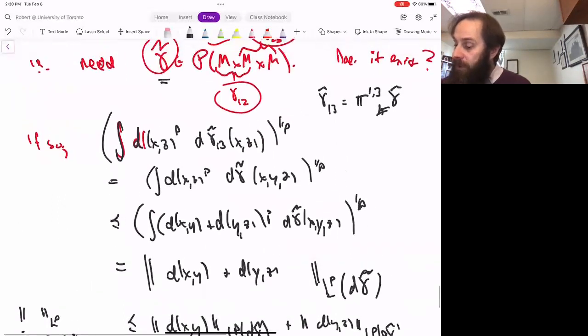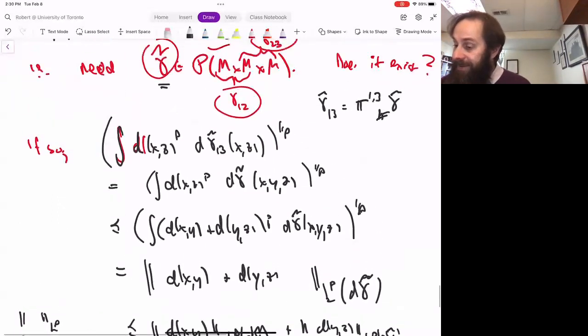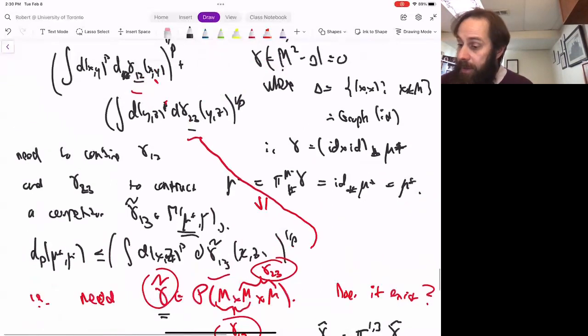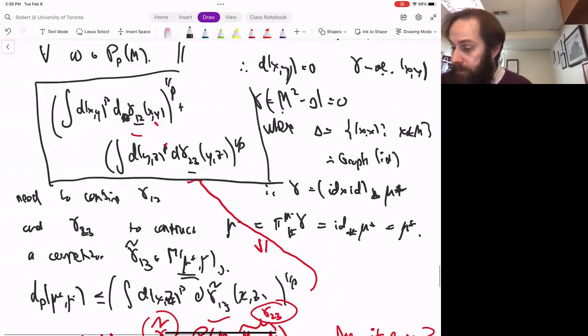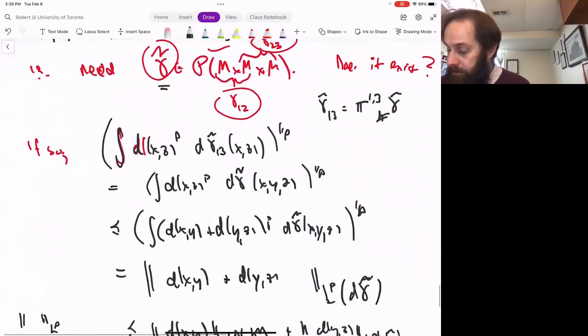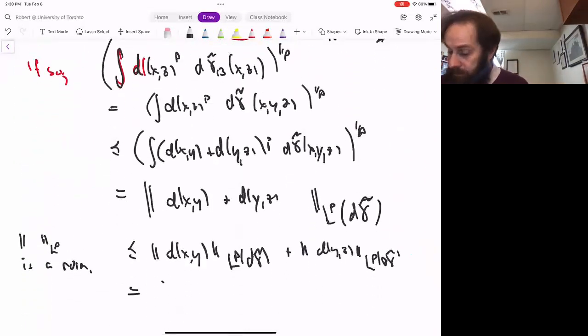And then we find that the right-hand side here is exactly equal to the sum of these two terms. It's gamma tilde x, y, z, but the integrand only depends on x and y.